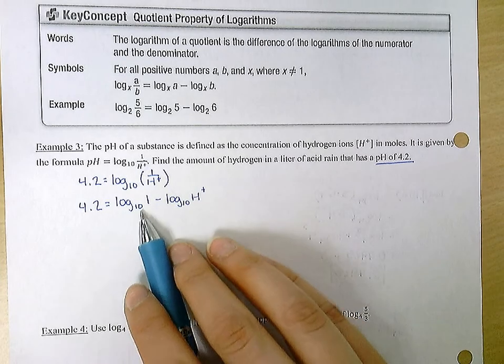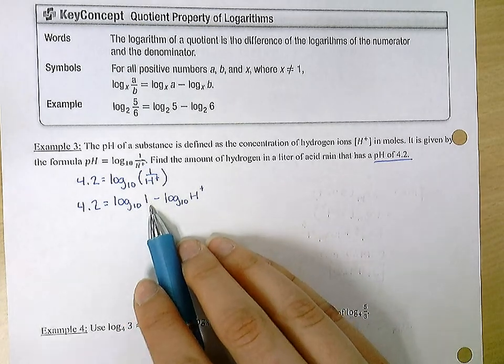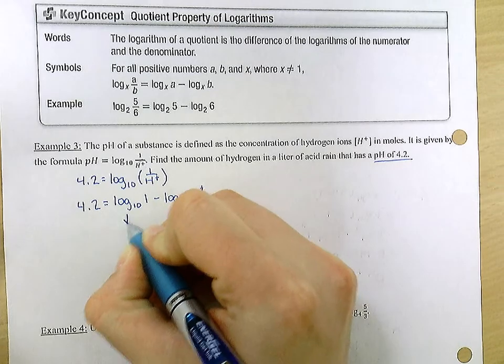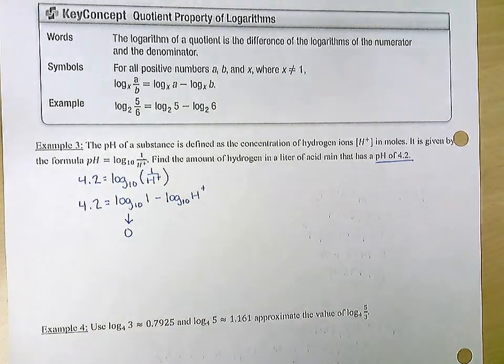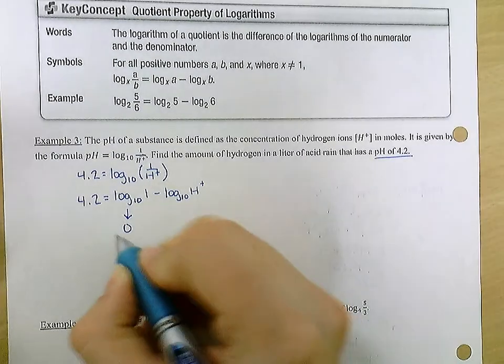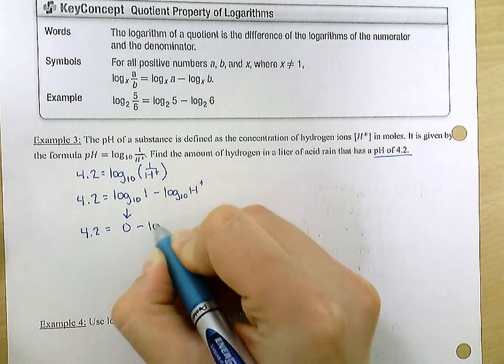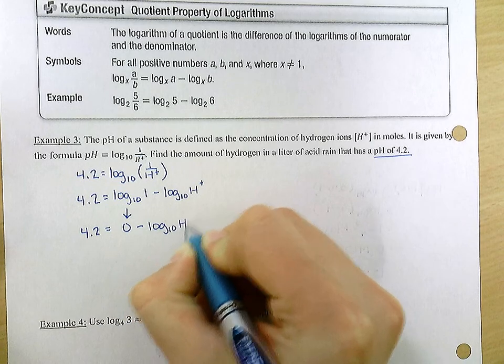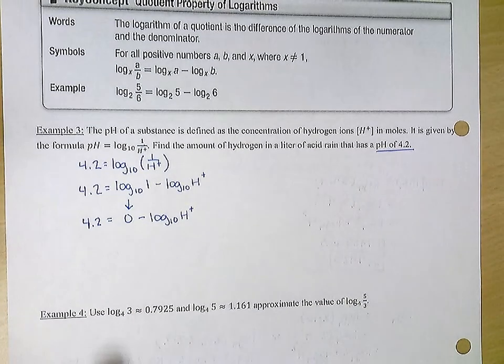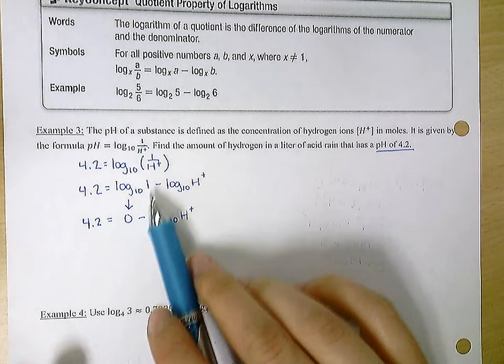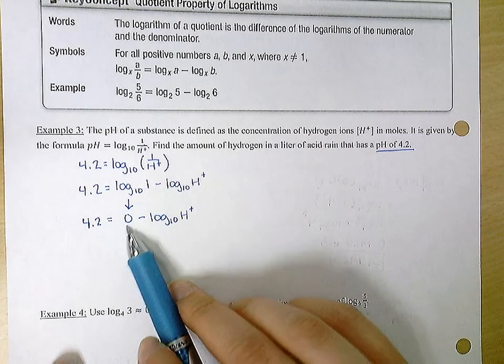If you have a log of any base of 1, it's always going to be 0. So that's going to equal 0, and I still have this minus log base 10 of H plus. If you see that 1 there, it will be 0.